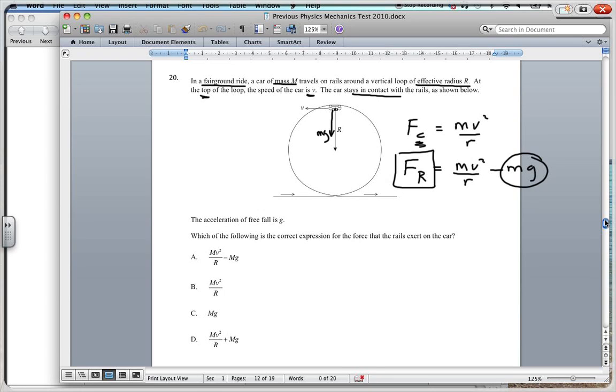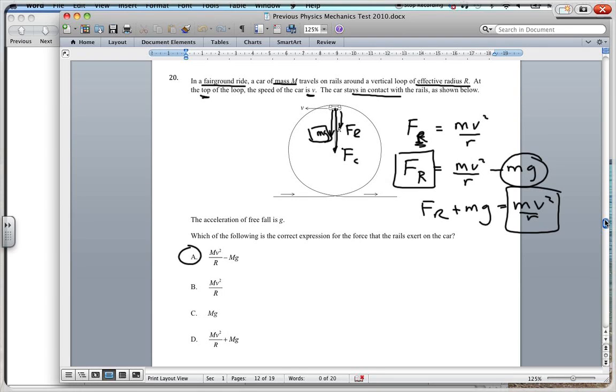So this is the resultant force that actually is acting on this. If I change this formula around, my force reaction plus mg is equal to mv squared over r. That's a resultant force that's acting down. Some of it is made up of mg, some of it is made up of the force reaction. Together they make the force that is causing the circular motion. So it would be this one over here. It would be 20A.